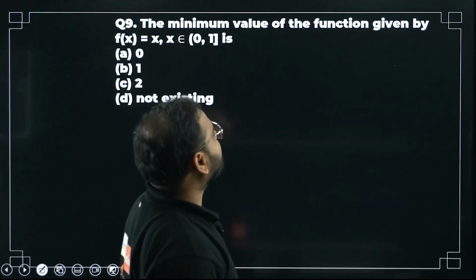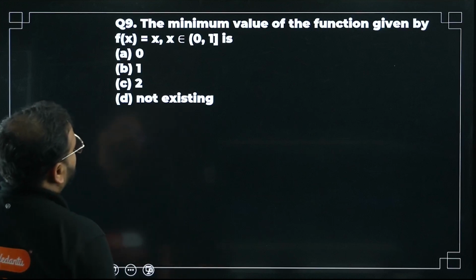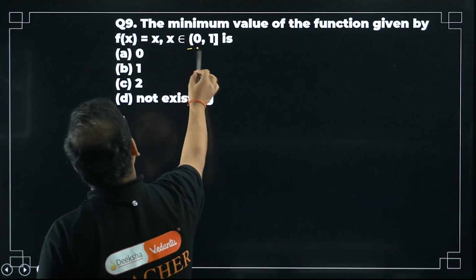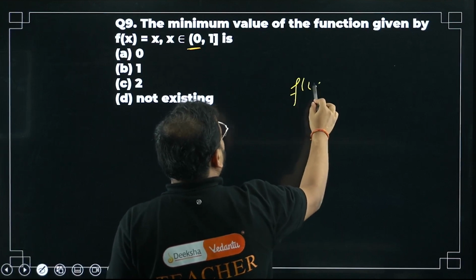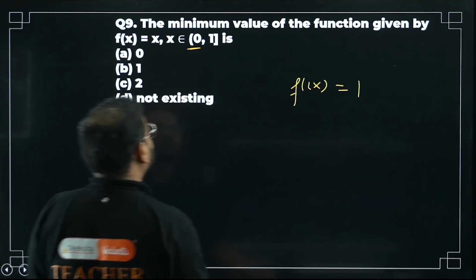The minimum value of the function given by... You can't find the minimum value, sir. Check here. Find the derivative. F dash of x is what, sir? 1. There's no critical point.